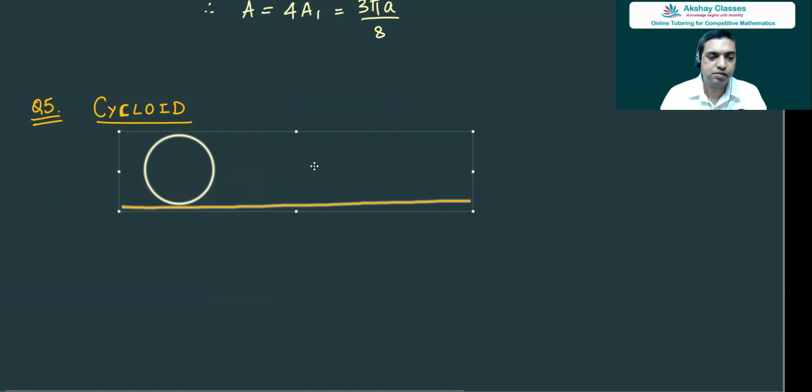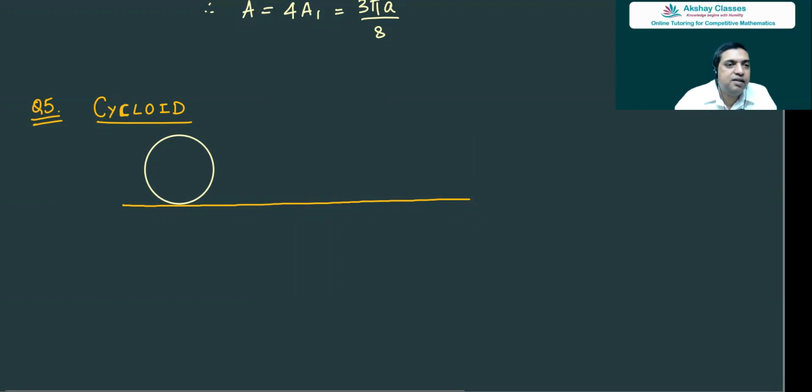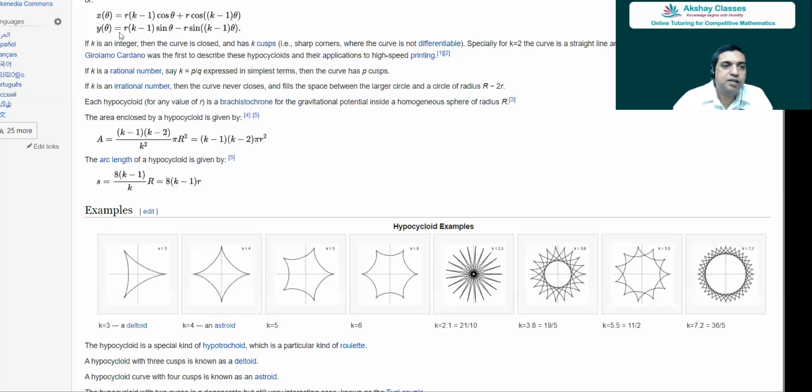Now you have a flat surface in a cycloid and you choose one point, say M, and as the wheel rolls over this flat surface, the path traced out by this point M, as the wheel of the cycle rolls, is called the cycloid. Like that. Let us see this.